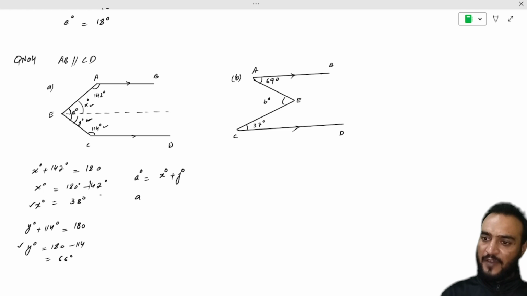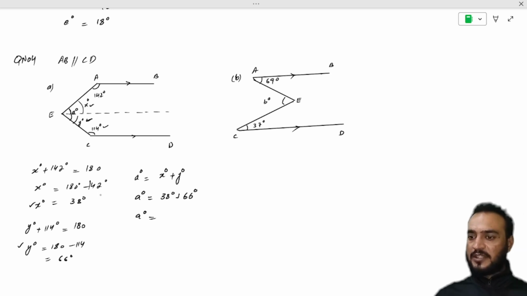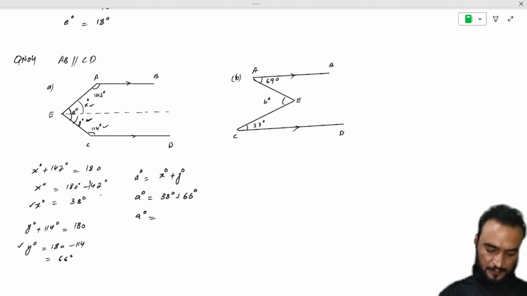So the sum of x degree and y degree is 38 degree plus 66 degree, and the value of A degree is equal to 66 plus 38, equal to 104 degrees. So the value of A degree is 104 degrees. Hence, there was only one unknown in this part, that is A degree. We have found the value of A degree.